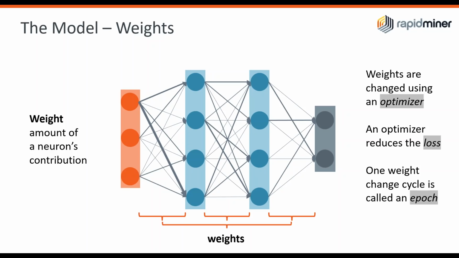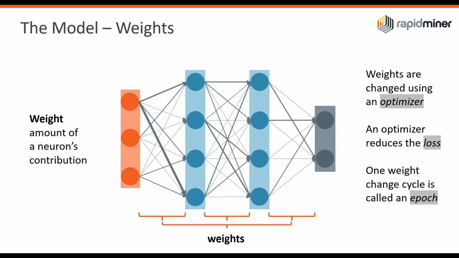Then, as I've just said, there's a method that optimizes these weights, so it gradually changes the weights and then looks at the output of our network to check how good the result is.